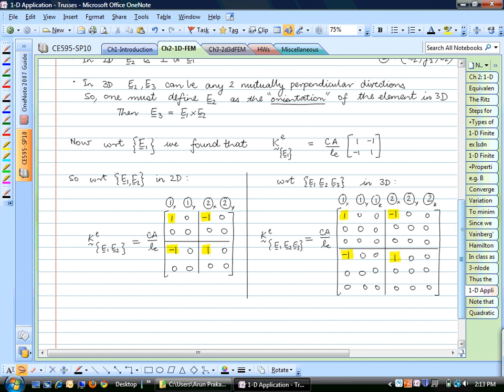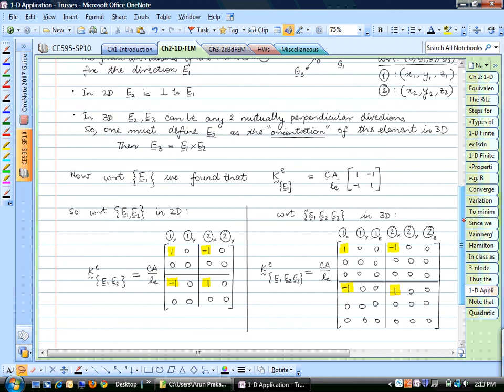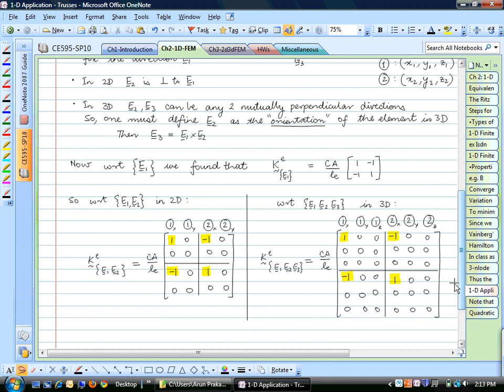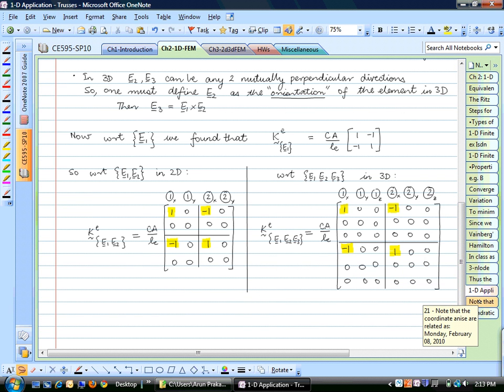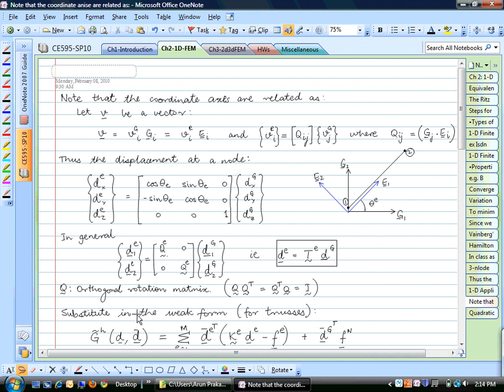We are going to say that our degrees of freedom, and I think on the next page, are the local element axes, E1 and E2. These are the coordinate directions at, let's say, node 1, and the global coordinate directions were G1 and G2.